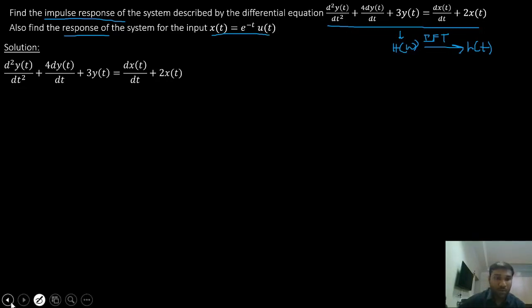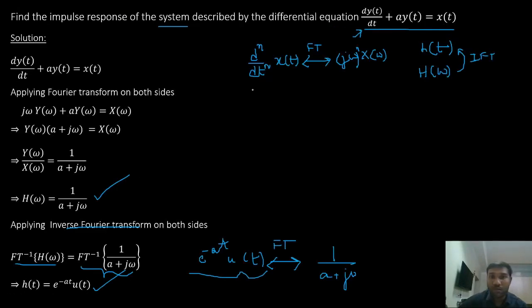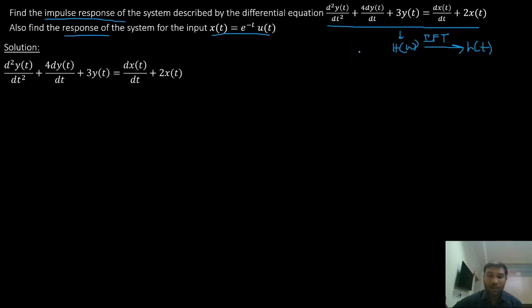If you remember the Fourier transform property that we have used: d power n by dt power n of x of t has the Fourier transform j omega power n into x of omega. Now here we have d square y of t by dt square.